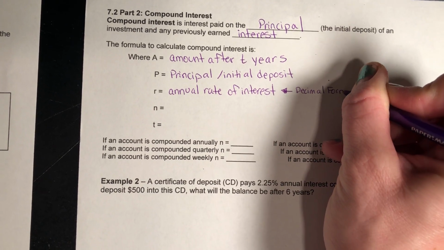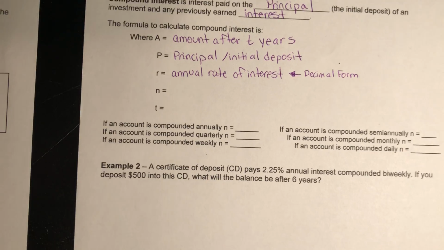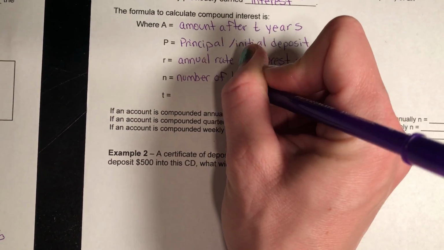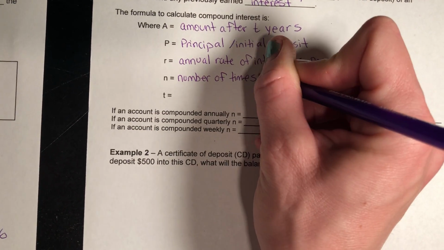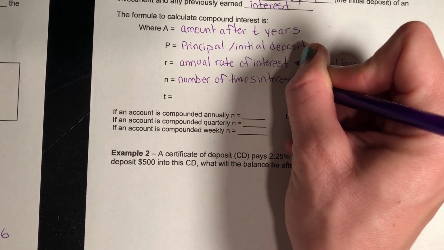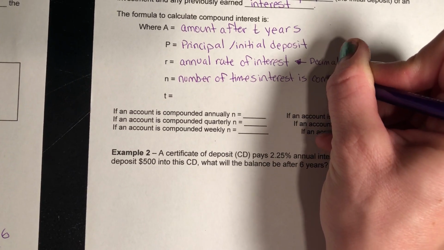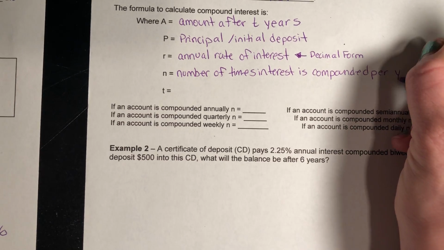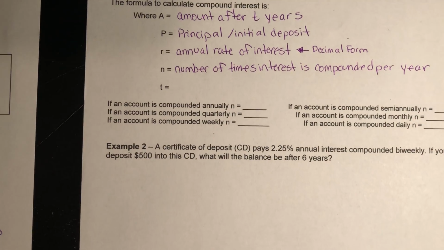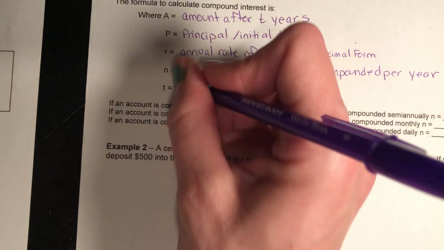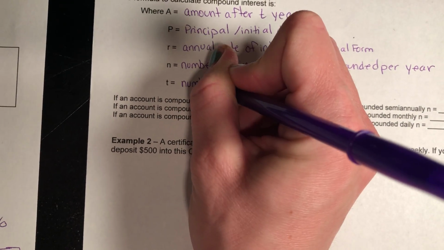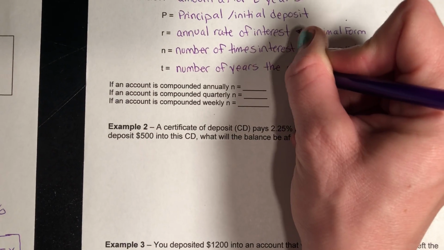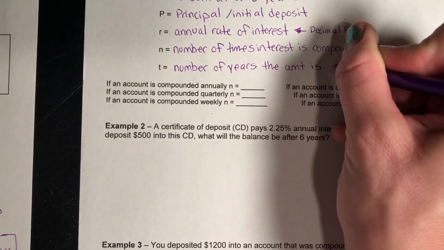That is important. Decimal form. N is going to be the number of times our interest is compounded per year. And finally, T is the number of years the amount is deposited.